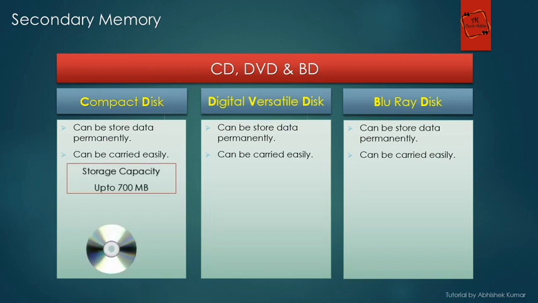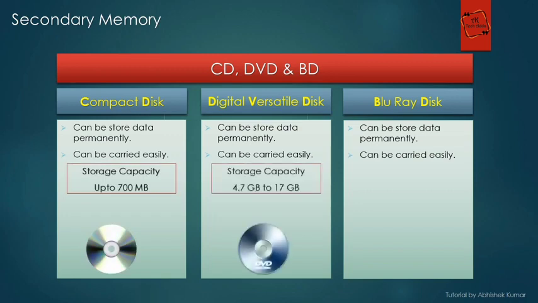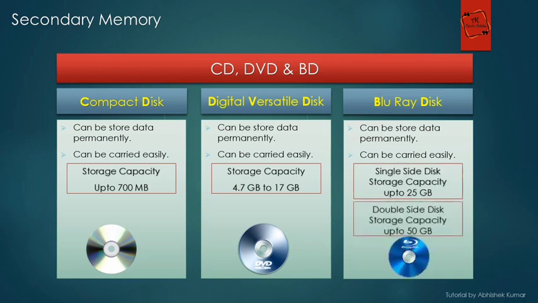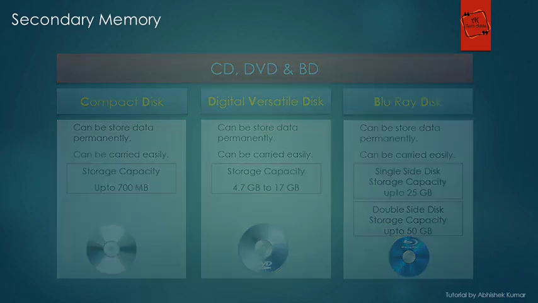A CD can store data up to 700 MB, whereas a DVD can store 4.7 GB to 17 GB. A Blu-ray disc comes in two types, one single-sided, which has a storage capacity of 25 GB, whereas a two-sided disc will store data up to 50 GB.